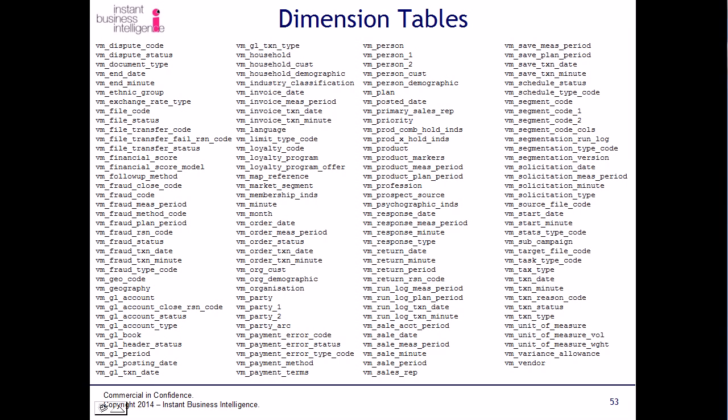A dispute code when you're having a dispute status for disputes, document type, the ethnic group that the person comes from, the exchange rate type. For file transfers, the file code, the file status, the file transfer code, the file transfer fail reason code, if it failed, and the file transfer status.